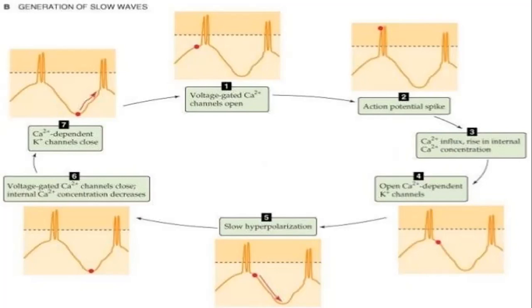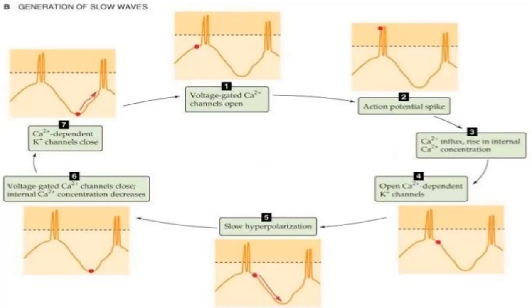Now in figure 6, you can see voltage gated calcium channels close and internal calcium gradually decreases. So again, the membrane potential moves more towards hyperpolarization. Figure 7, you can see calcium dependent potassium channels now close.